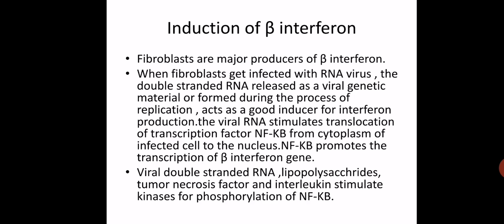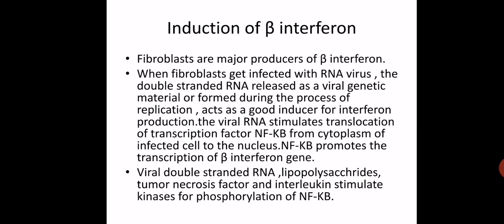Okay, now understand, fibroblasts get infected by RNA virus. There is synthesis of double-stranded RNA as genetic material, which is going to stimulate the factor. Which factor? NFKB. This NFKB is a transcription factor. It is responsible for transcription of the beta interferon gene. So whenever the beta interferon gene gets transcribed, there is synthesis of beta interferon.